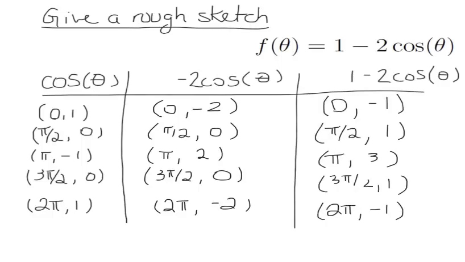Adding 1 to all of our y values gives us the following 5 points: 0, negative 1; pi by 2, 1; pi, 3; 3 pi by 2, 1; and 2 pi, negative 1. So let's go ahead and plot these 5 points to get our function 1 minus 2 cos theta.